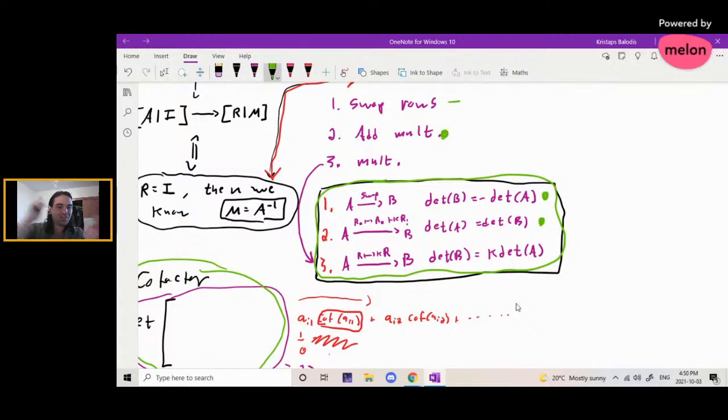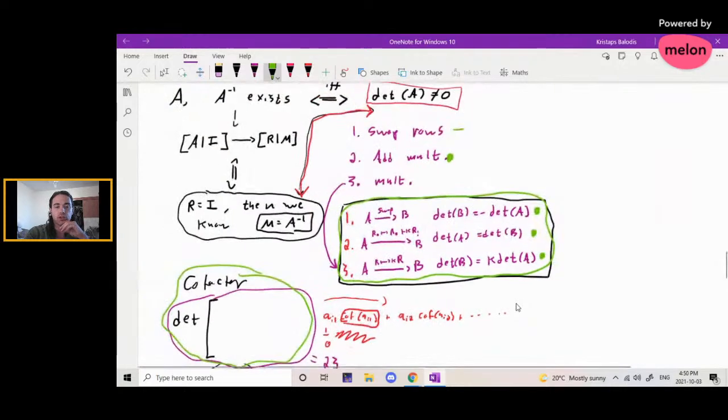So it's great because it's turning entries into zero, which is making our cofactor expansion easier to do. It's making the resulting determinants easier to do, and it's not affecting how the determinant changes at all. So this is like the greatest row operation. And then we also have multiplying a row by a scalar, which introduces a scalar factor.